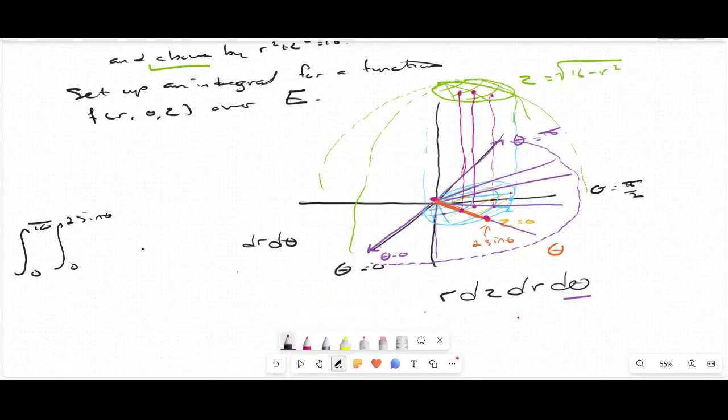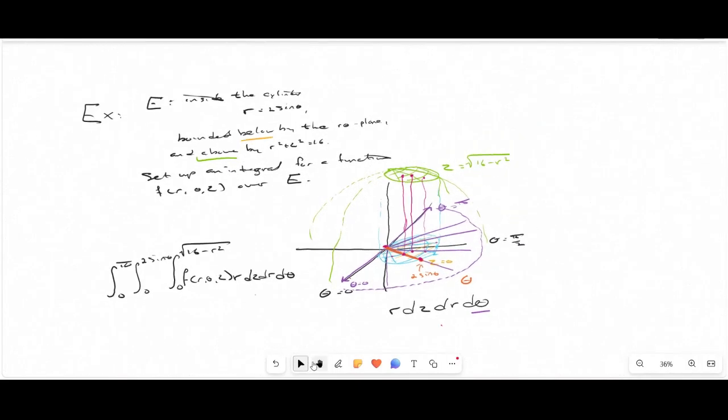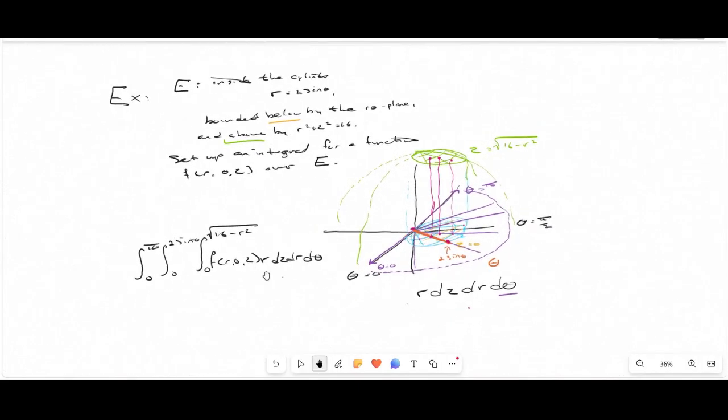And we've already seen Z has to start at 0 and end at 16 minus R squared. That's dz. We never forget to put in that factor of R. And then, well, we don't really know what function they want us to integrate. We're just saying, if you gave me a function f of R, theta, and z, I would put it right there. So because they only asked us to set up, this is correct. This is the final product.